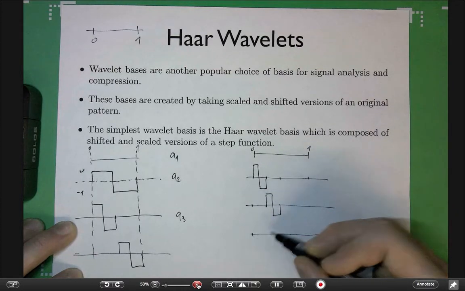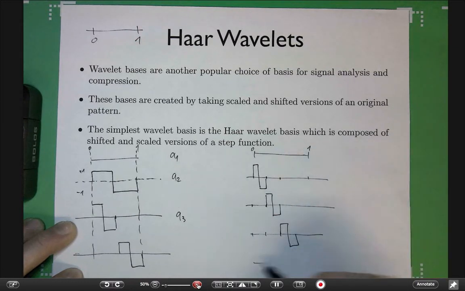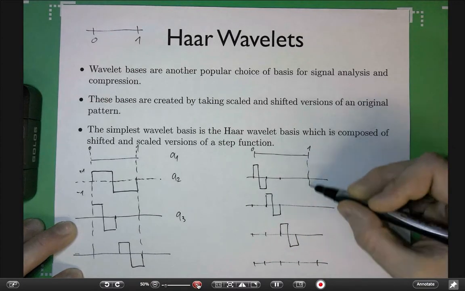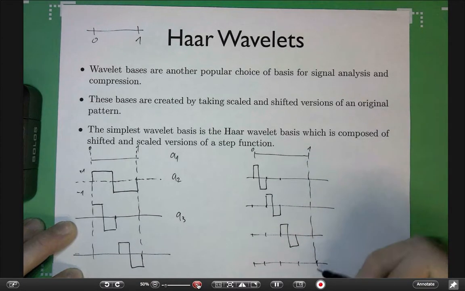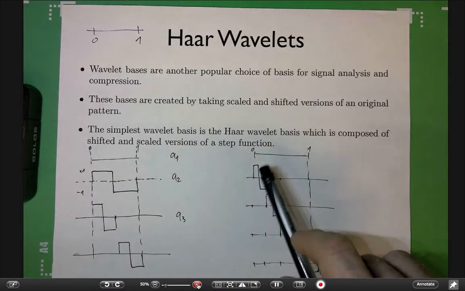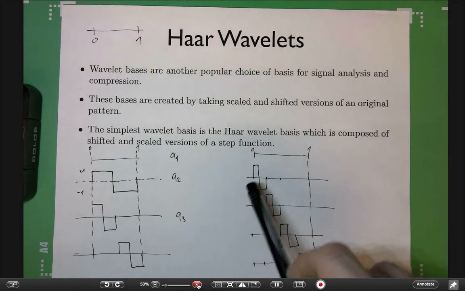And then I would translate it even more. And the final one would be translated all the way up to 1. So this is my 1. You can see that sort of the same idea is going on here: the lower I go, the finer details I can pick up, right?